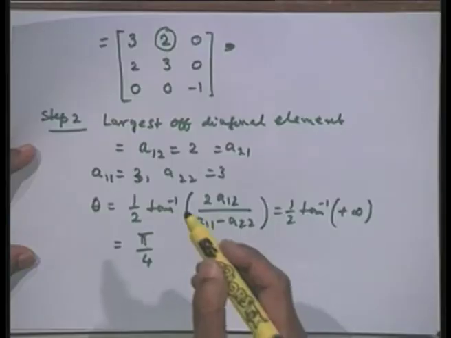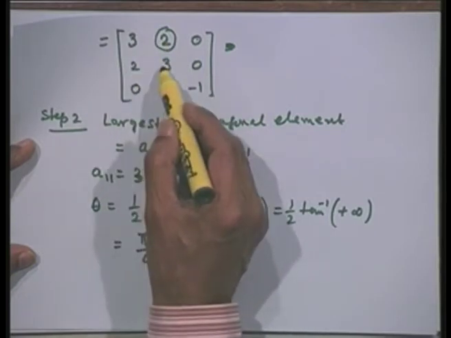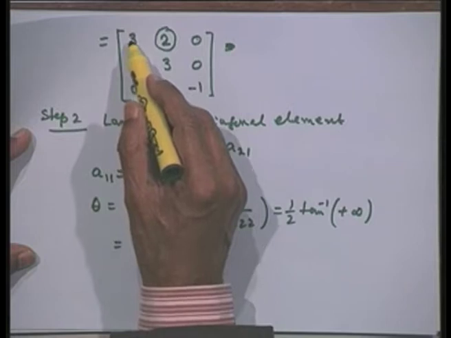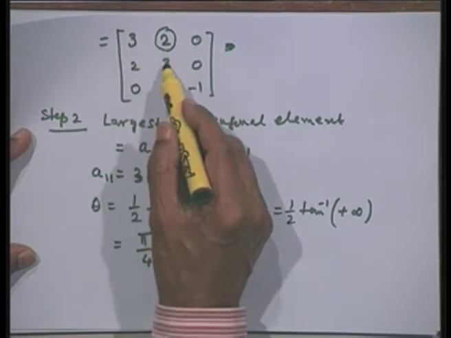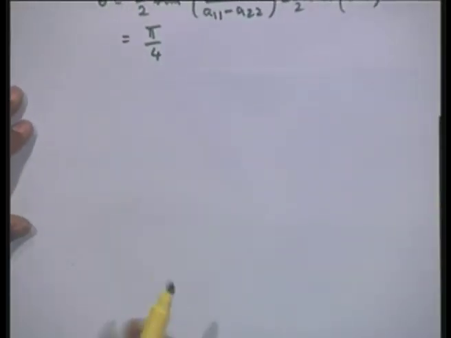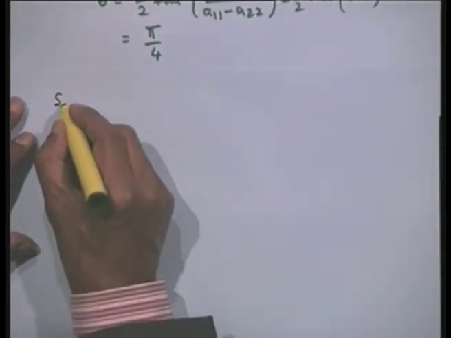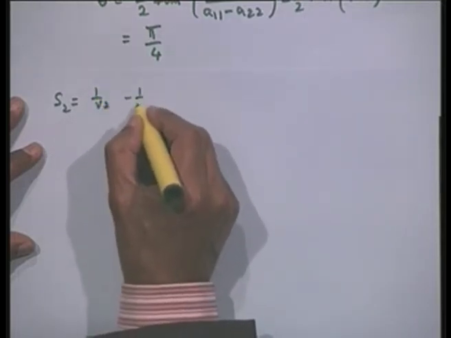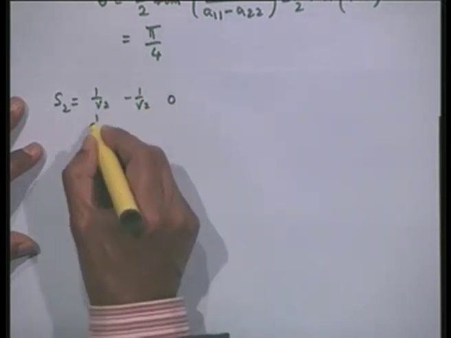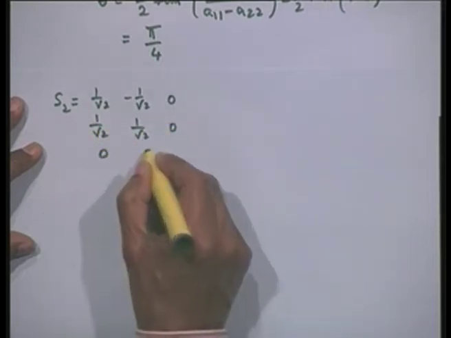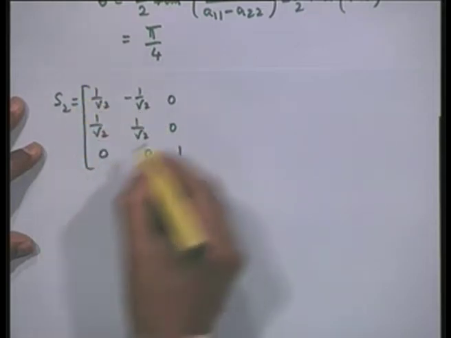Now the values of cos theta, sin theta would lie in these 4 locations. We are making the A12 location 0, therefore cos theta will be here, minus sin theta and cos theta will be located here. Therefore I can write down my matrix S2 as cos theta, minus sin theta, cos theta, remaining is all I.